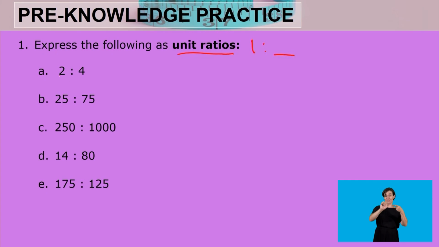So if we are to express number A, 2:4, as a unit ratio, what do we do? You first have to check whether the number on our left-hand side goes into the number on our right-hand side. If it does, then you can divide by the very same number and check whether it leaves your answer in the form of 1 to something.